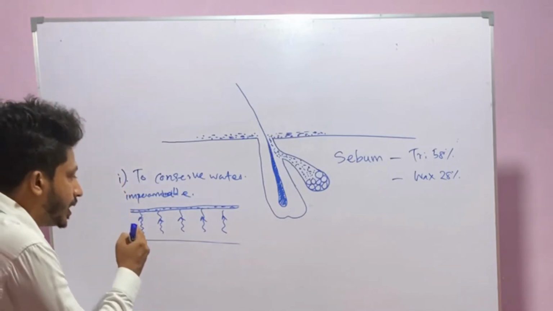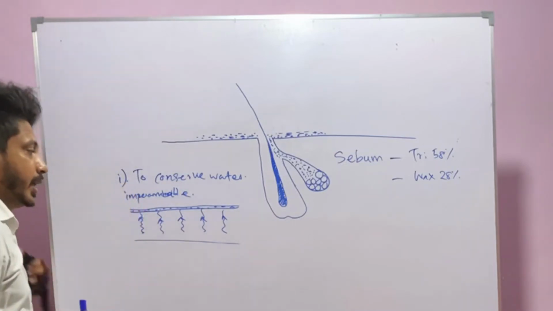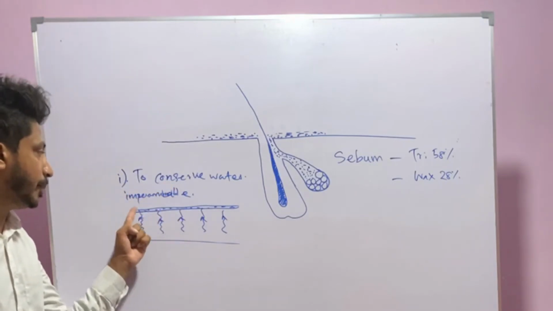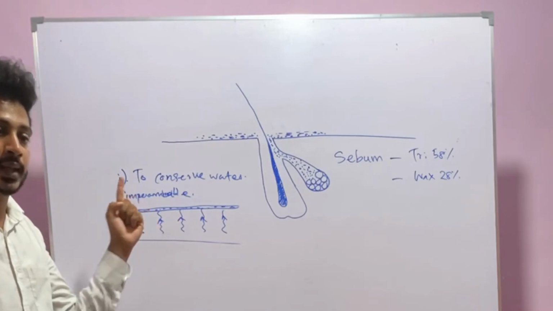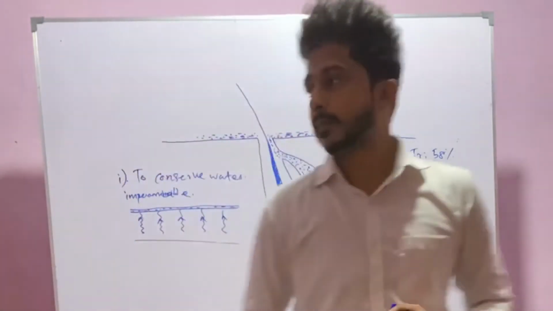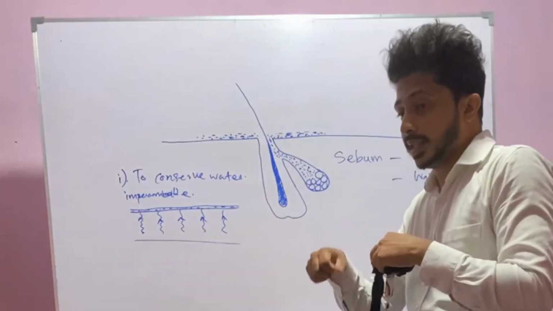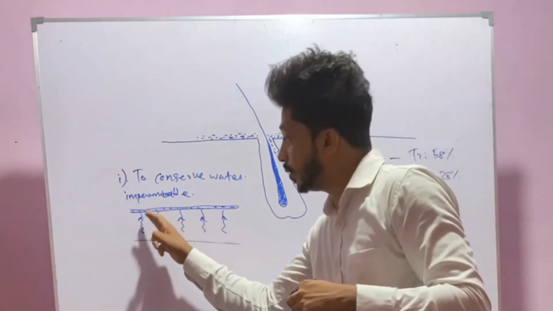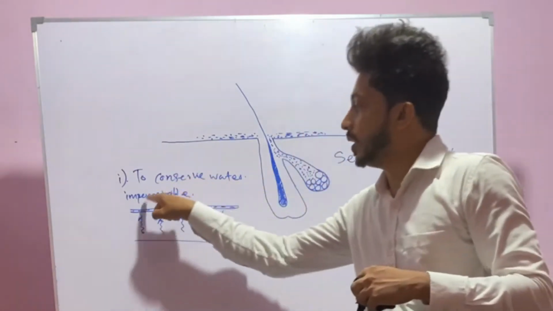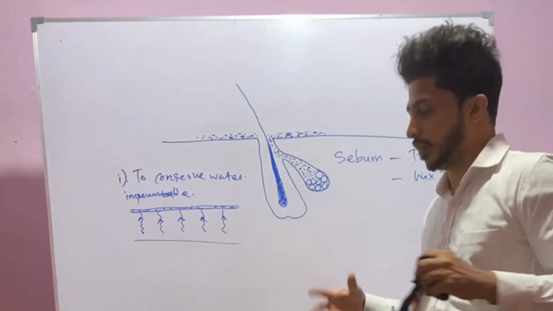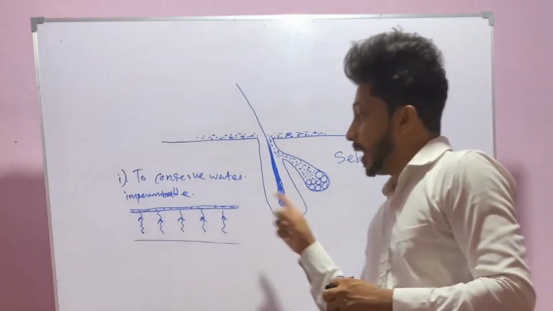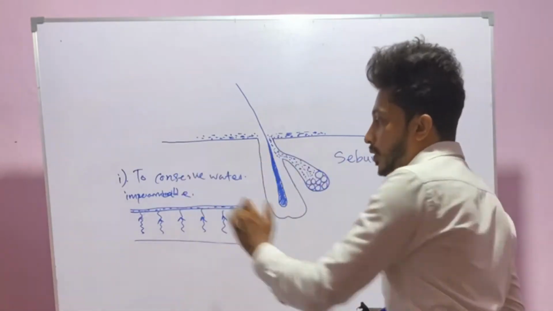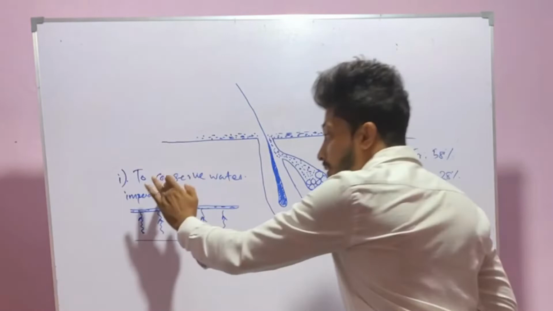Because of this property, the water inside our body cannot pass through this lipid layer and go into the surroundings. That means we can conserve the water. There is no loss of water because of this lipid layer.